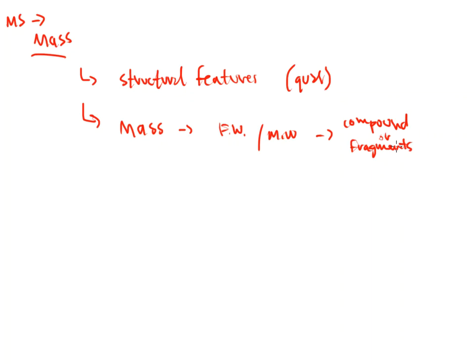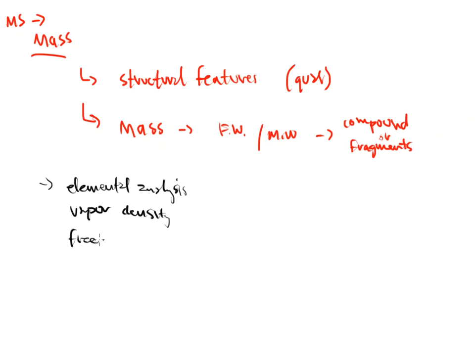Now, before MS, before the mass spectrometer, how did people get this information? Well, they got it through difficult measurement ways in the wet laboratory techniques. So it was determined maybe by elemental analysis. Vapor density was another test that they would do.